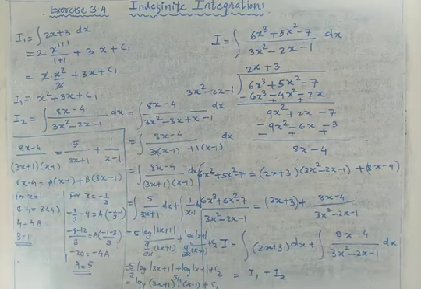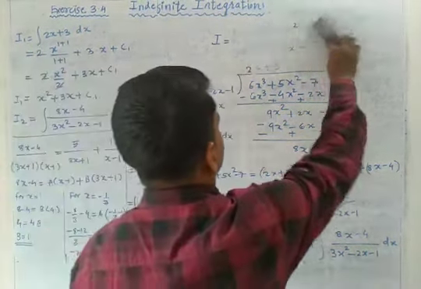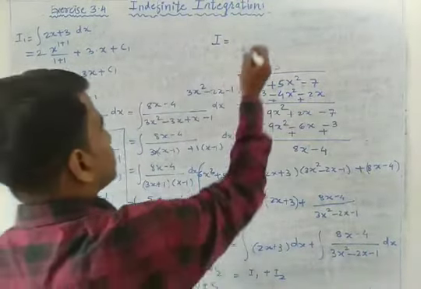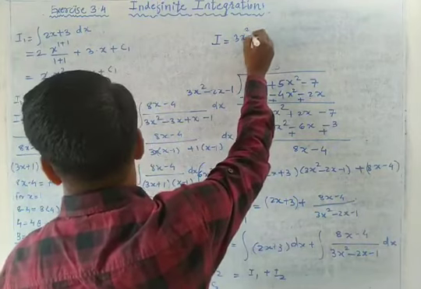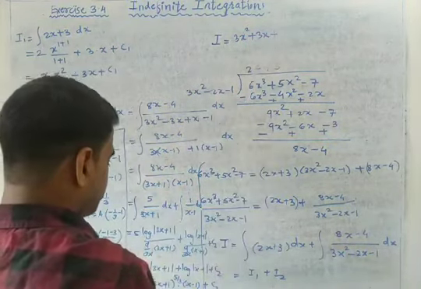Get it? So now we are going to write the value of I as a I1 plus I2. The value of I1 we got here is 3x square plus 3x plus c1, which we merge with c and c2.